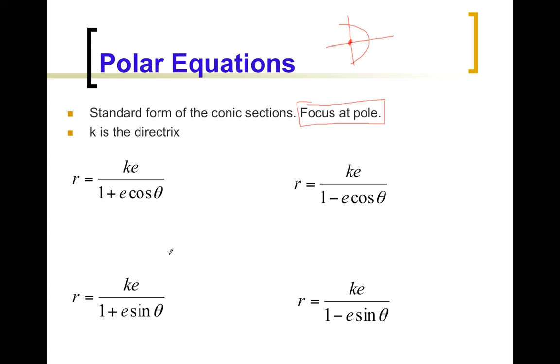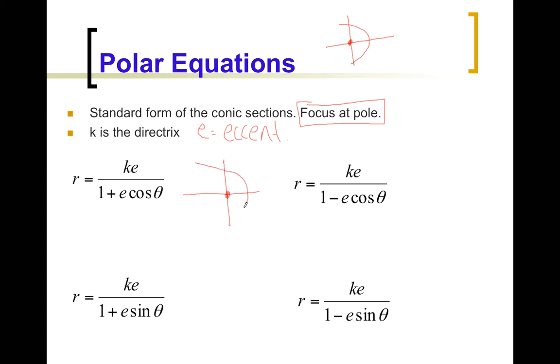So what we're going to do is sketch a little graph for each of these. Notice what's different in all 4 of these: 1 plus e cosine, 1 minus e cosine, 1 plus e sine, 1 minus e sine. And k is the directrix, and e, which I didn't write up here, is, you might have guessed it, eccentricity. So for this first version, the pole is one of my focus points.